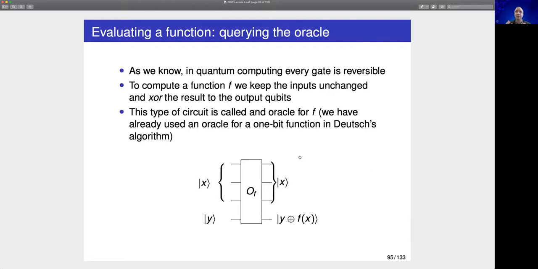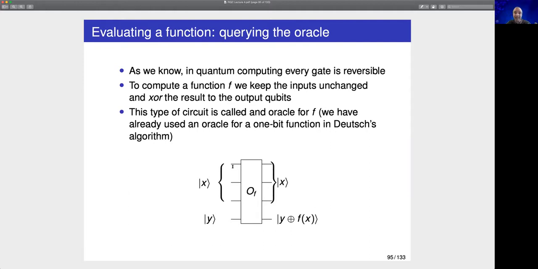Remember that in quantum computing, all gates are reversible. All gates are unitary, so in fact, they are also reversible. So when we want to compute, for instance, a Boolean function, what we need is something that is reversible.